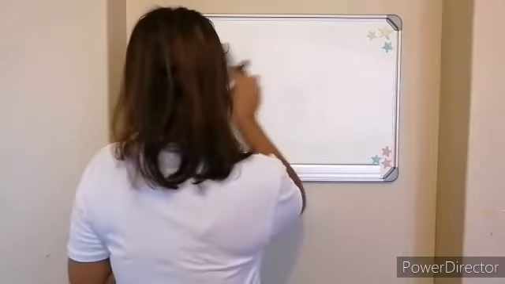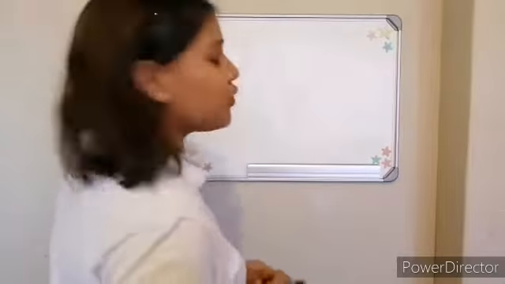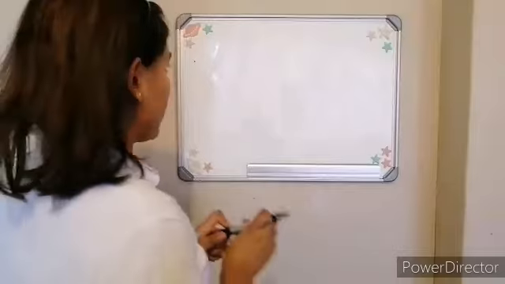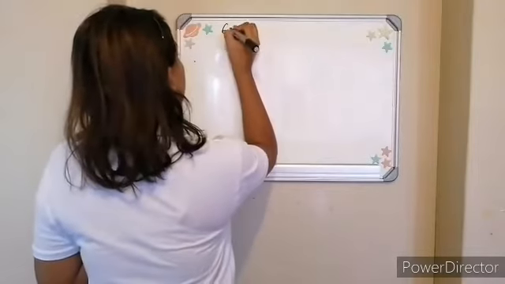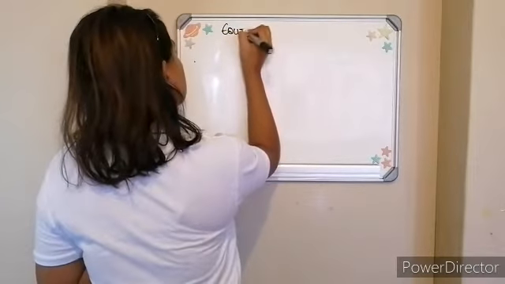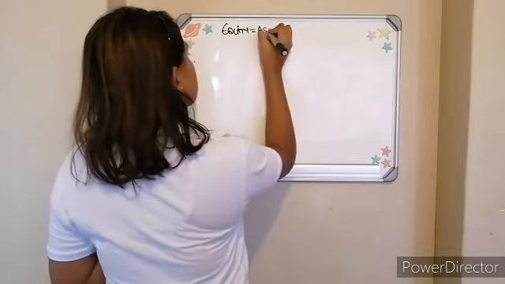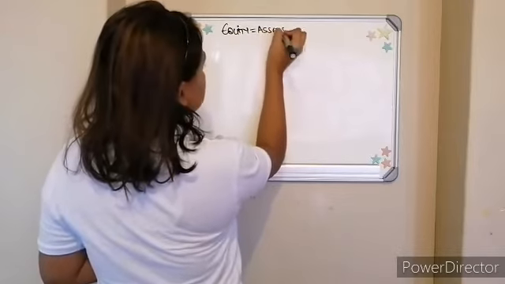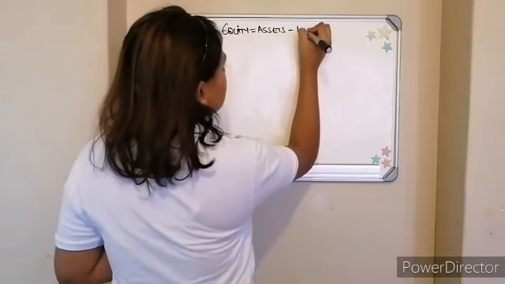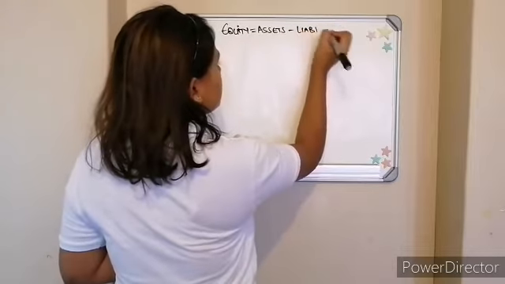So firstly, I'm going to start with writing out my equation again. Equity equals assets minus liabilities.